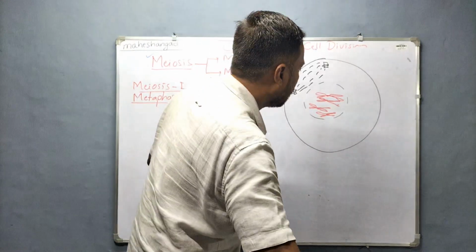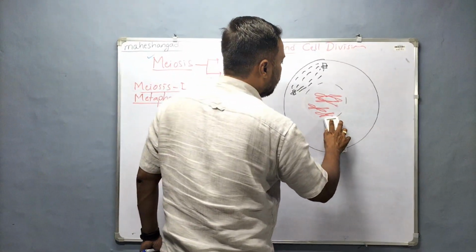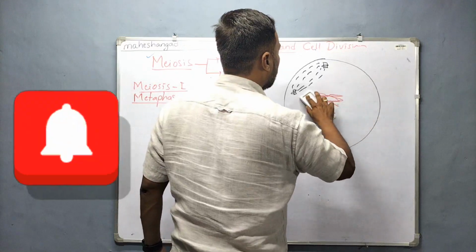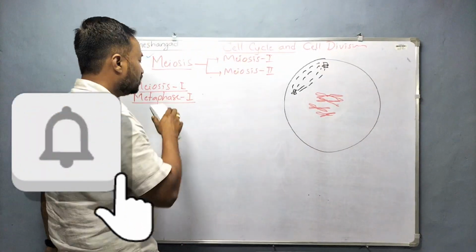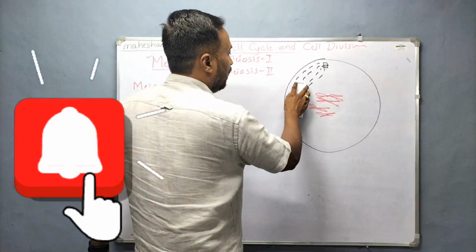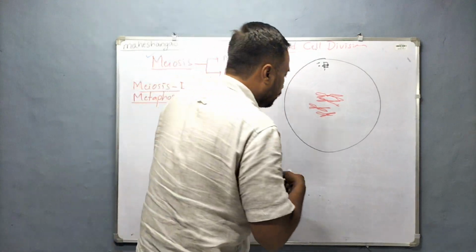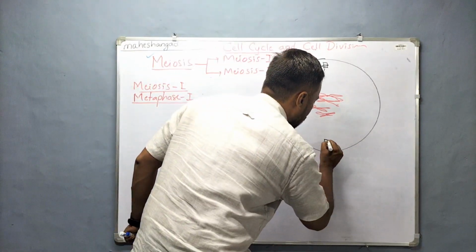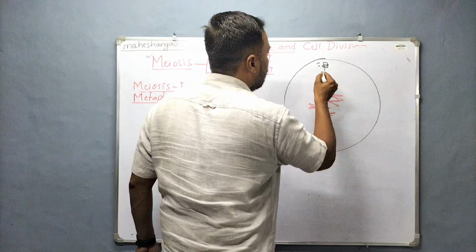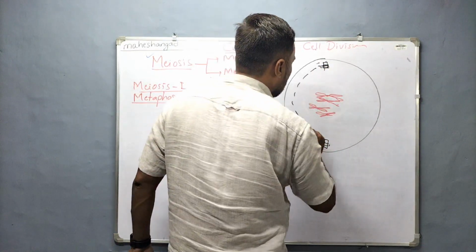During metaphase, the nuclear envelope completely disappears. That marks the beginning of the metaphase, and the centrosomes are exactly at the opposite poles, with the formation of spindle fibers.